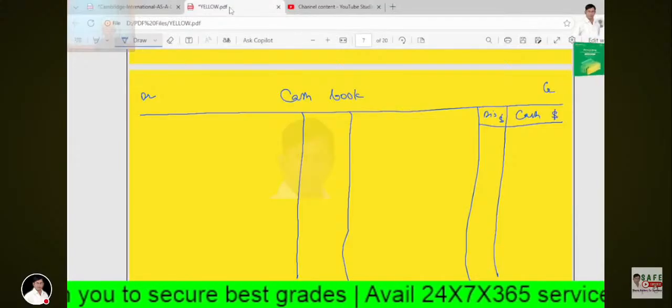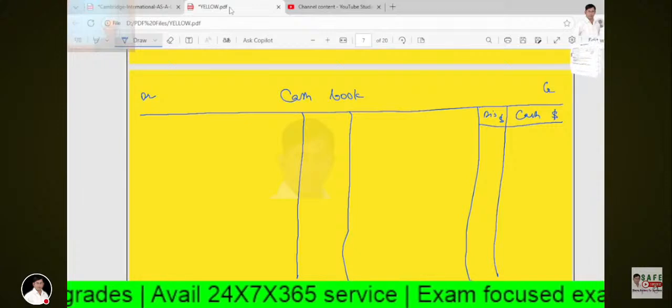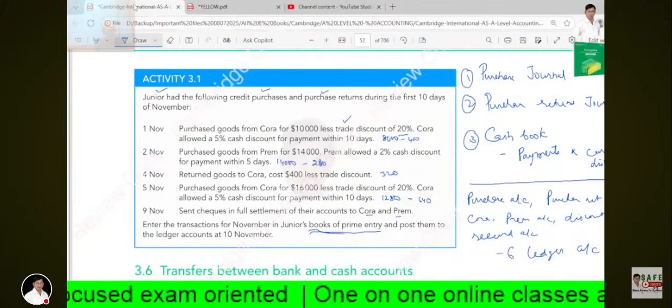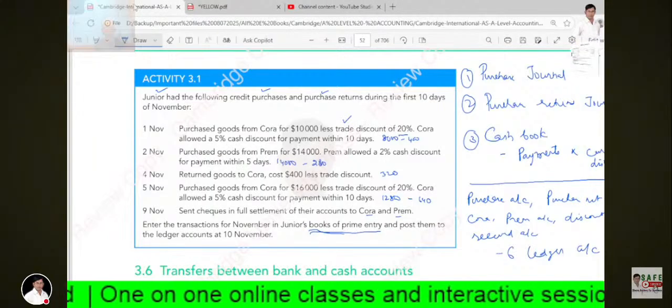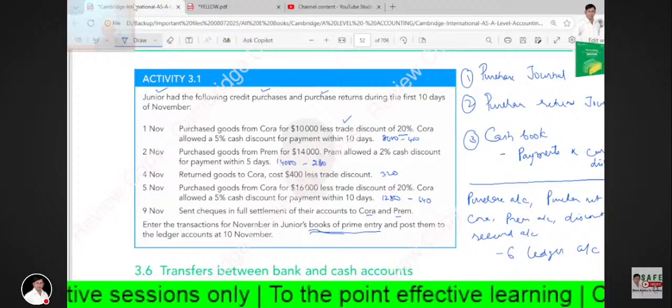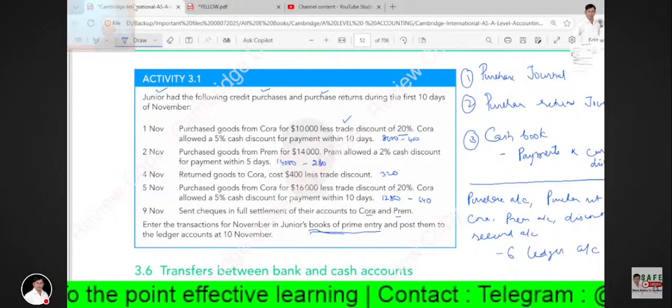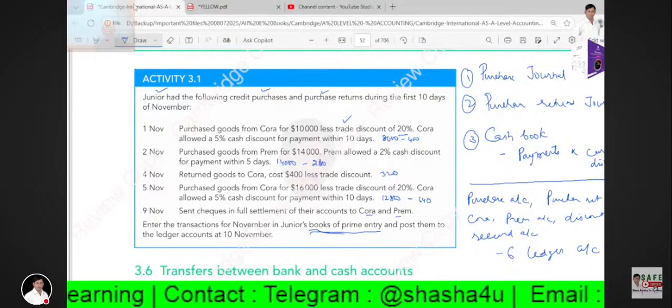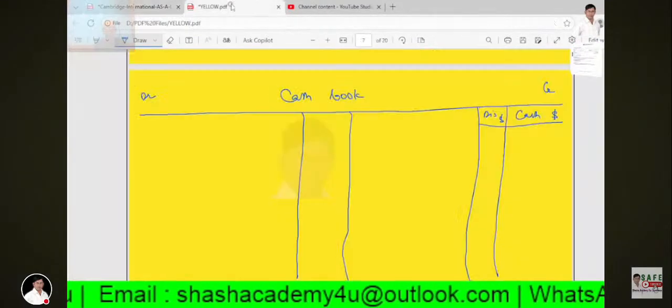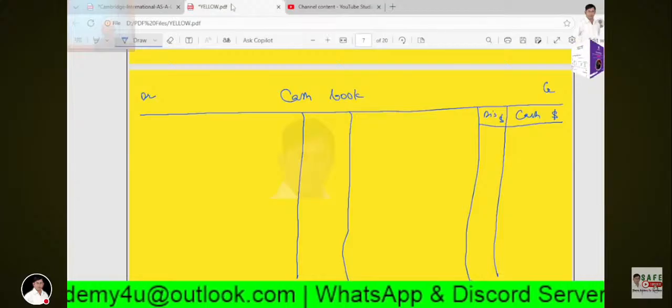So here, first, what is happening? We have purchased, but no cash transaction. Cheques are sent in full settlement of their account to Cora and Prem. So we have paid to Cora and Prem.